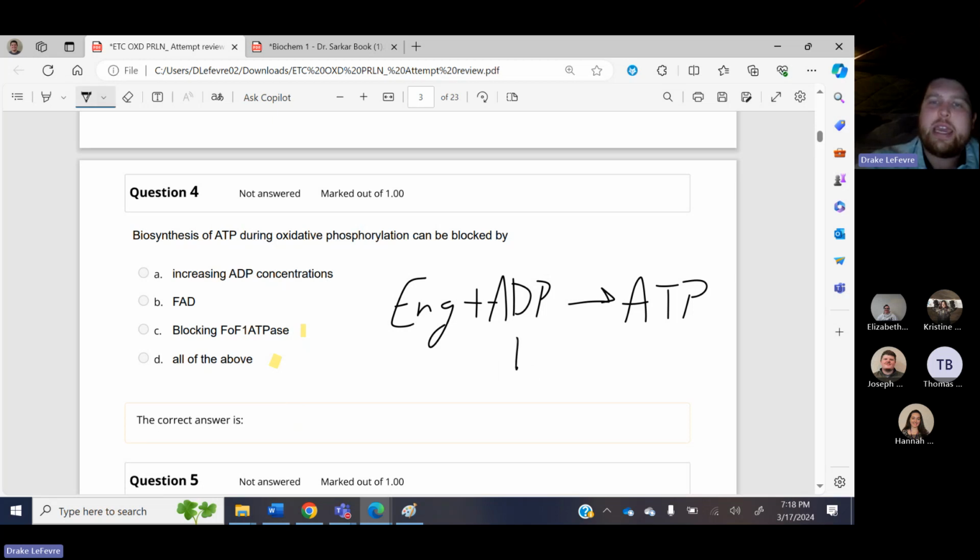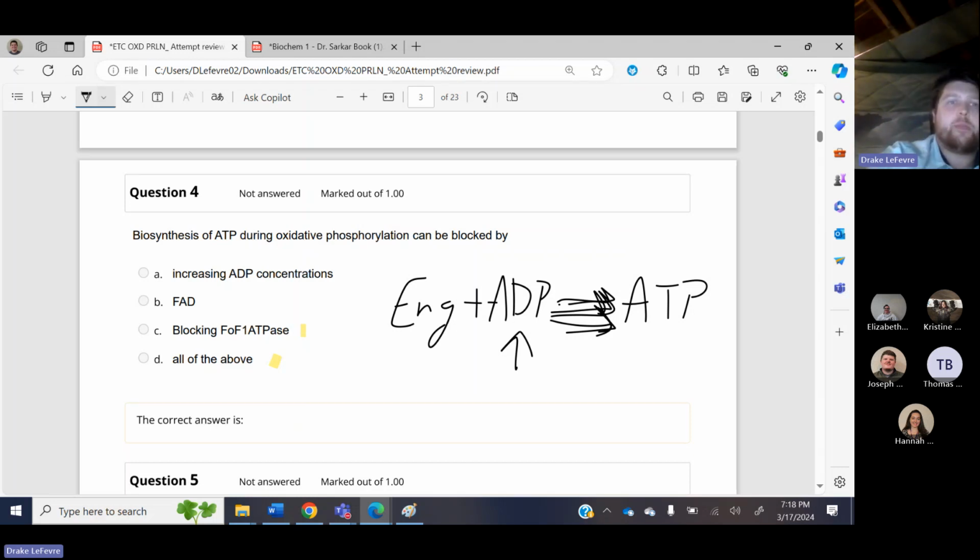So if we increase ADP concentration here, is that going to stop us producing ATP, or is that going to make us want to produce more ATP? I guess that would make it want to be more. Okay, so if we increase our ADP concentration, we want to increase our ATP concentration.